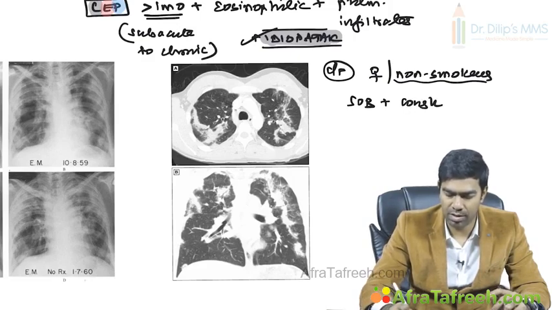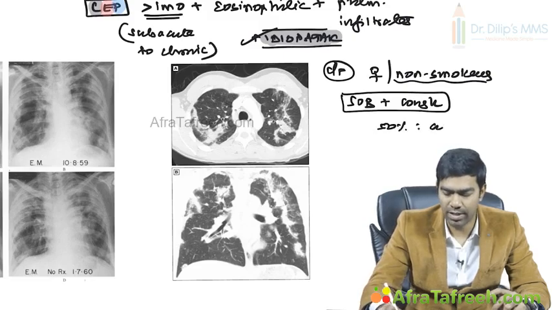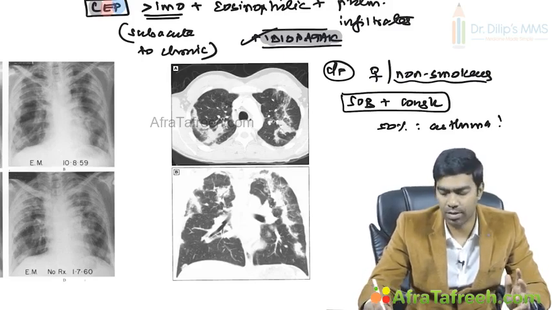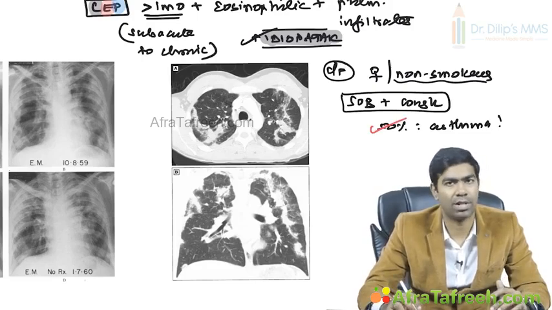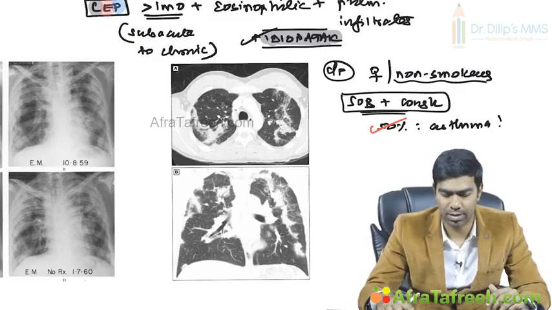And many times you'll have a dry cough only. Almost 50% of the patients may have wheeze and may present like an asthma picture, including hypervariability of the PFTs and reversibility. So 50% may come with features of asthma also. But very commonly they'll have shortness of breath and cough as a very important clinical feature.